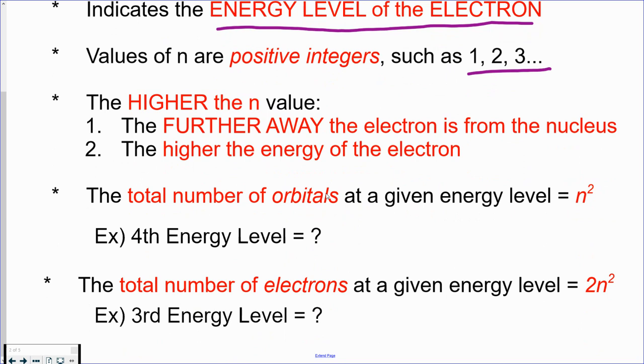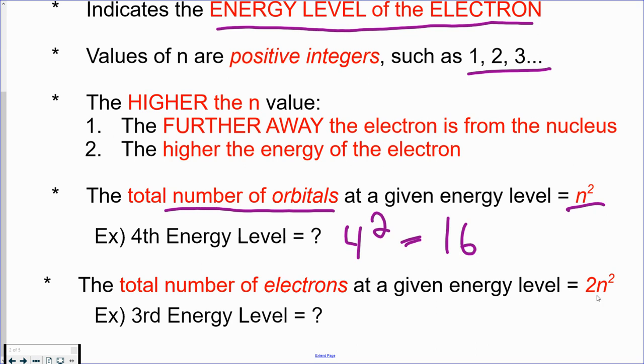What n can tell us, if it's squared, is the number of orbitals. For the 4th energy level, if you take 4 squared, that is 16, telling us that there are 16 orbitals within the 4th energy level.